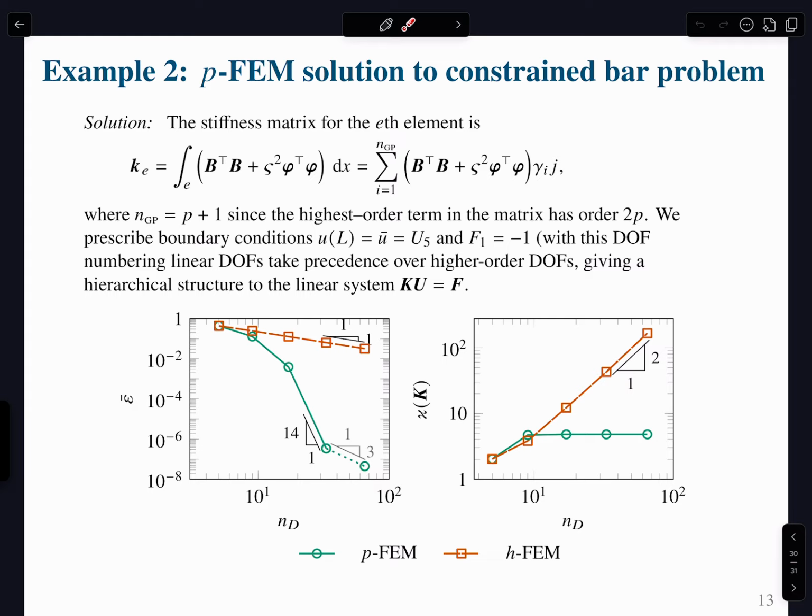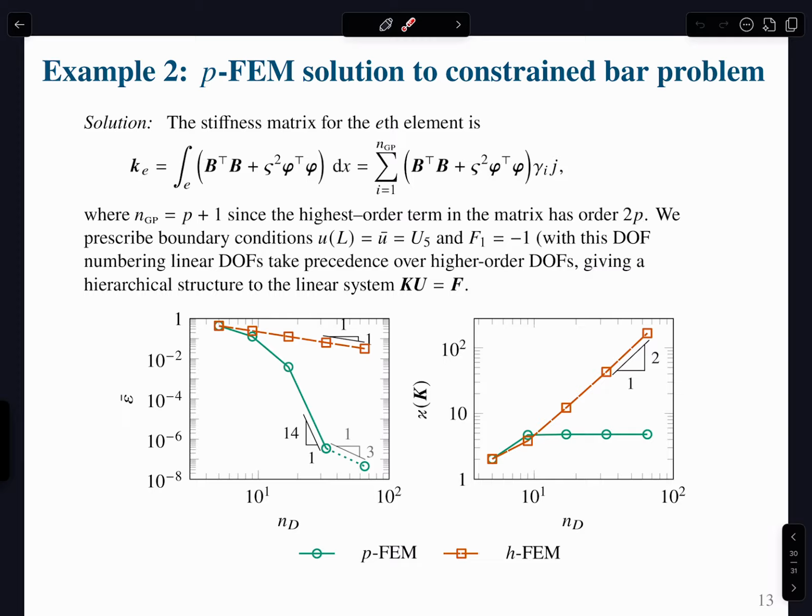Another thing that you can see in this curve is the condition number. Here I am again plotting the condition number, defined by the ratio of the maximum to the minimum non-zero eigenvalue, as a function of the number of degrees of freedom. Notice what happens with the condition number for h-FEM, which basically increases quadratically.